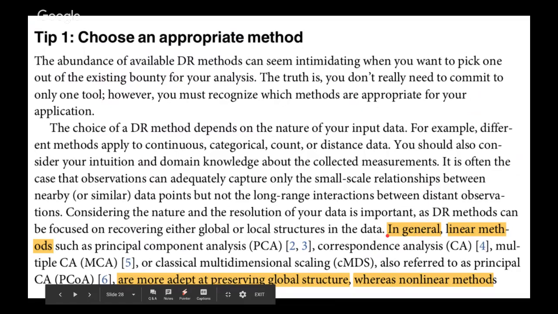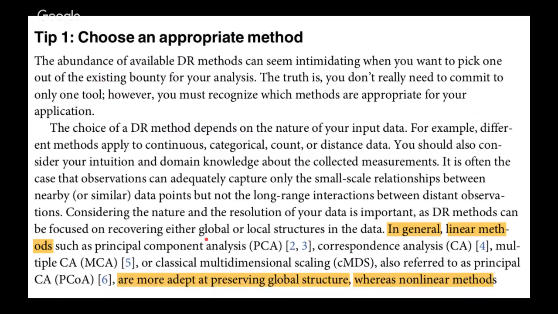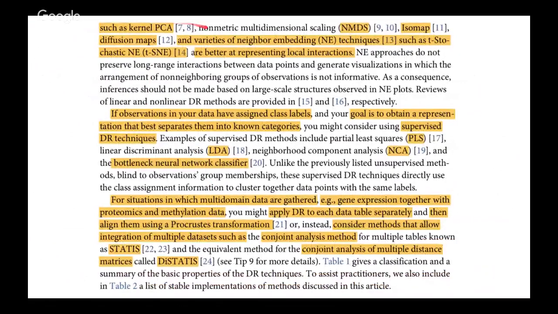They say there are two main methods: linear methods such as PCA, CA, MCA, or CMDS, or equivalently PCoA. And these are more adept at preserving the global structure, whereas nonlinear methods such as kernel PCA, NMDS, Isomap, diffusion maps, or any of the varieties of the neighbor embedding techniques are better at representing local interactions, right?